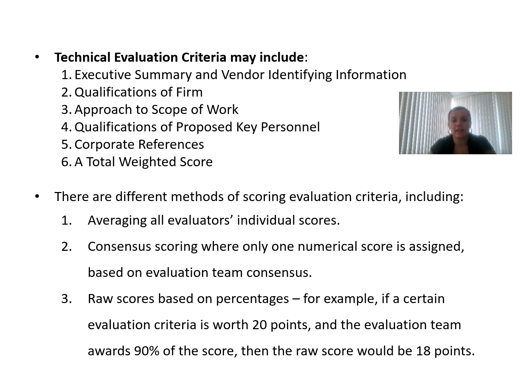So the technical evaluation criteria should include the executive summary and the vendor identifying information, qualification of firm, approach to the scope of work, qualification of proposed key personnel, corporate references, and a total weighted score.